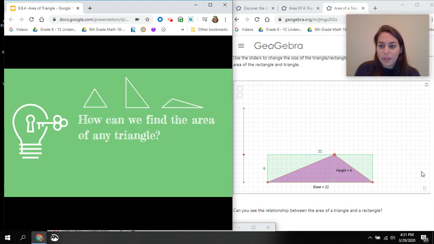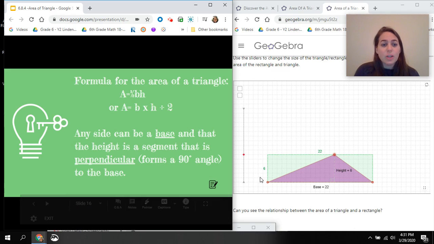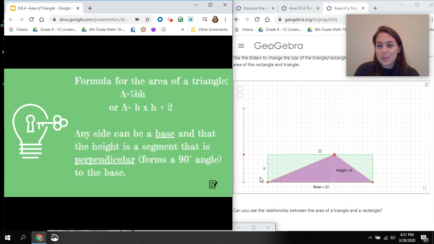Let's reflect on what we have learned in today's lesson. How can we find the area of any triangle? Take a moment and write your answer on the paper. Our key idea for the day is that you can use the formula area equals half base height, or area equals base times height divided by 2, to find the area of any triangle, not just right triangles.